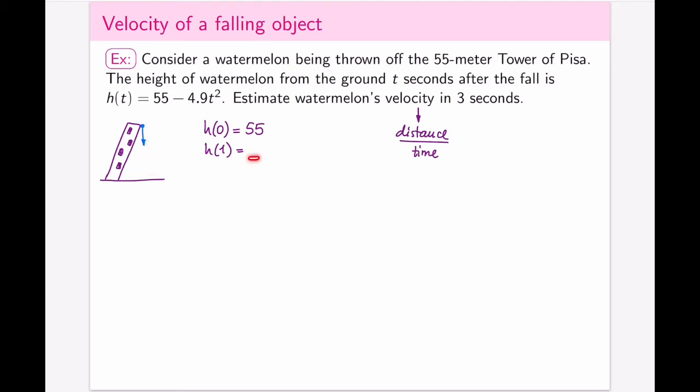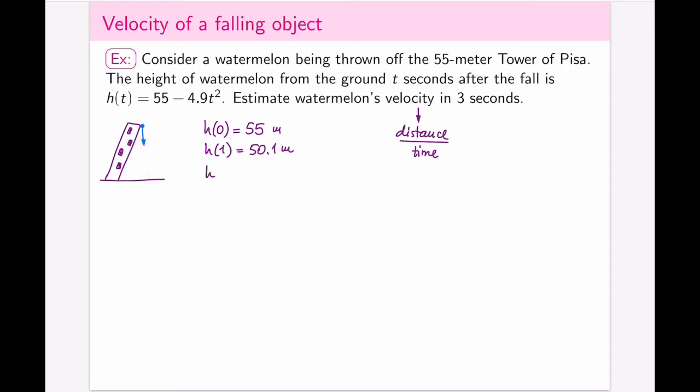So the number we get here should be certainly less than 55. Okay, let's plug 1 in for t here. We're going to get 55 minus 4.9 times 1 squared. And if we compute, this is going to come out to be 50.1 meters. So that means that in 1 second, the watermelon is up here at the height of 50.1 meters.